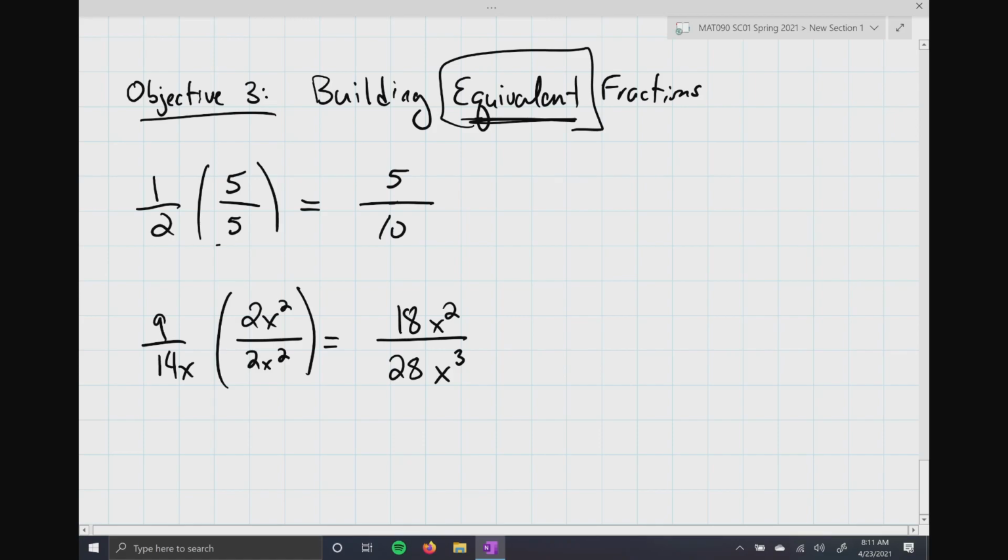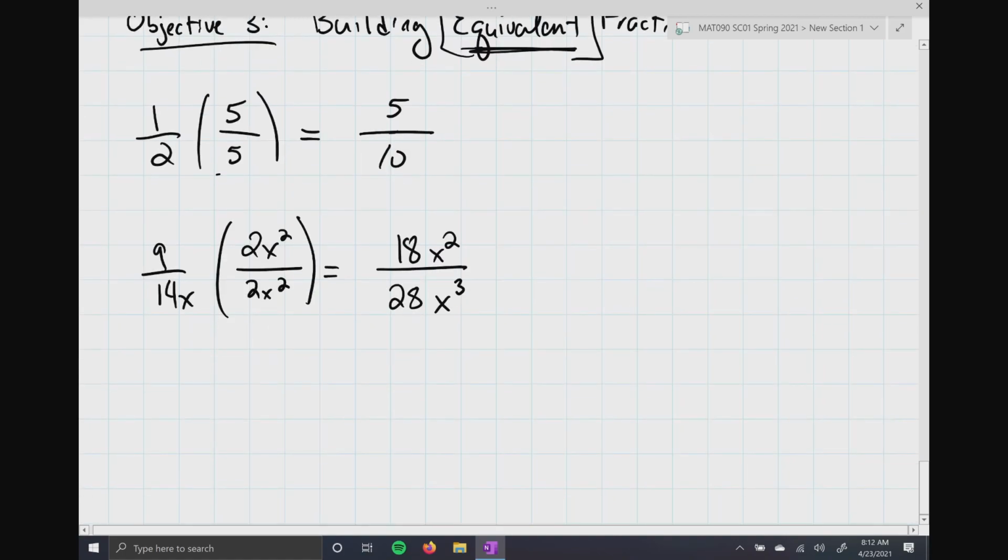Now, here's why we're doing this. Eventually, we're going to get to the situation where we have unlike denominators, and we need to be able to build equivalent fractions so that we can make the denominators the same. So let's do one more, and then we'll move on to the next section.